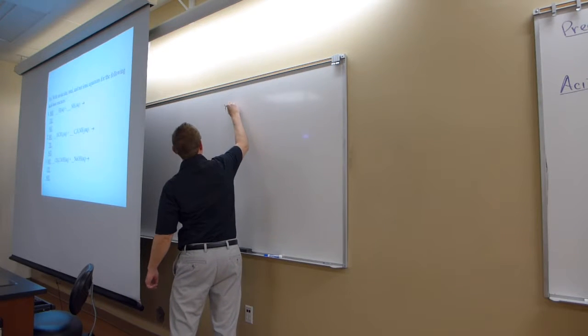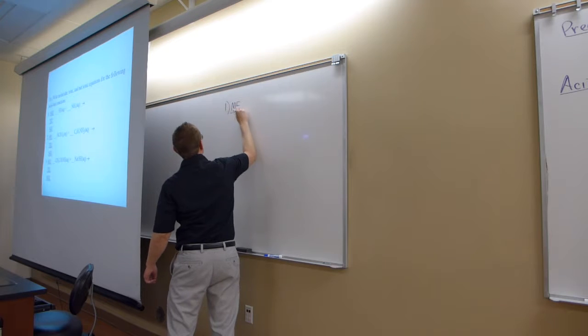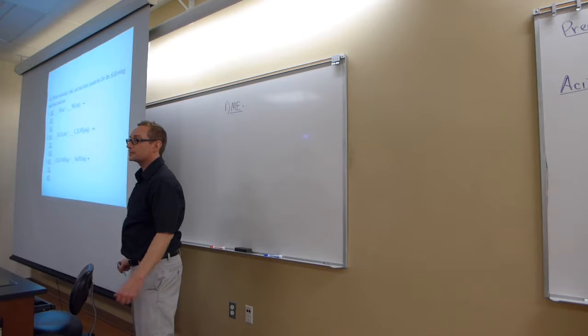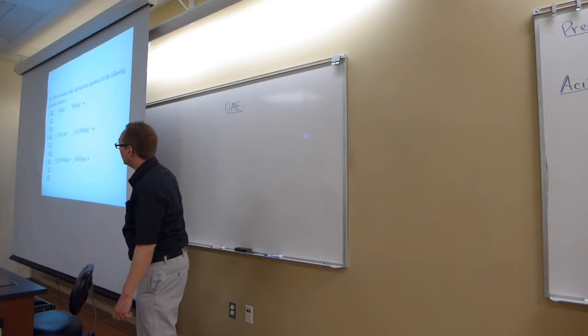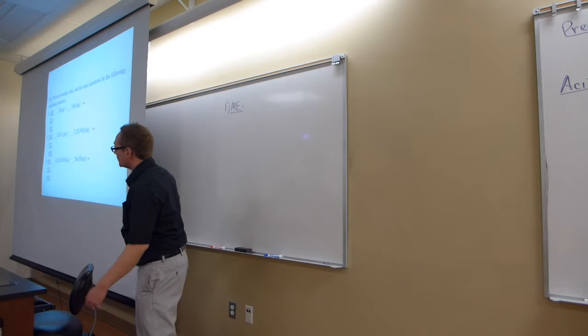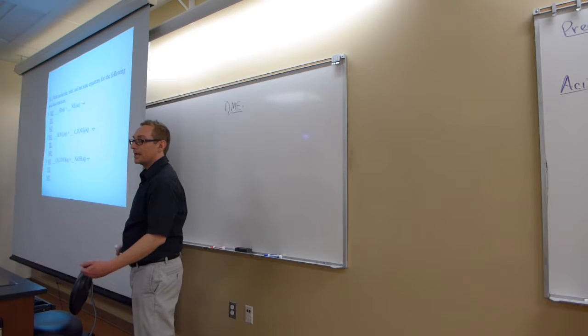So for the ME equation, what does ME stand for? It stands for molecular equation. The TIE stands for total ionic equation. The NIE stands for net ionic reaction, or net ionic equation.